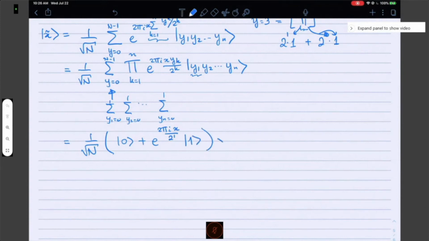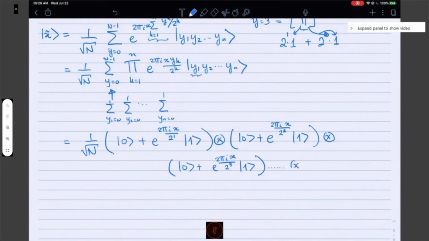The second one looks like 0 plus e to the 2 pi i x over 2 to the second power, 1. Tensor product. The third one looks like 0 plus e to the 2 pi i, I hope you're seeing a pattern here, x over 2 to the power of 3, 1. Going all the way to the last one, with a tensor product here, which is 0 plus e to the 2 pi i x over 2 to the power of n, 1.